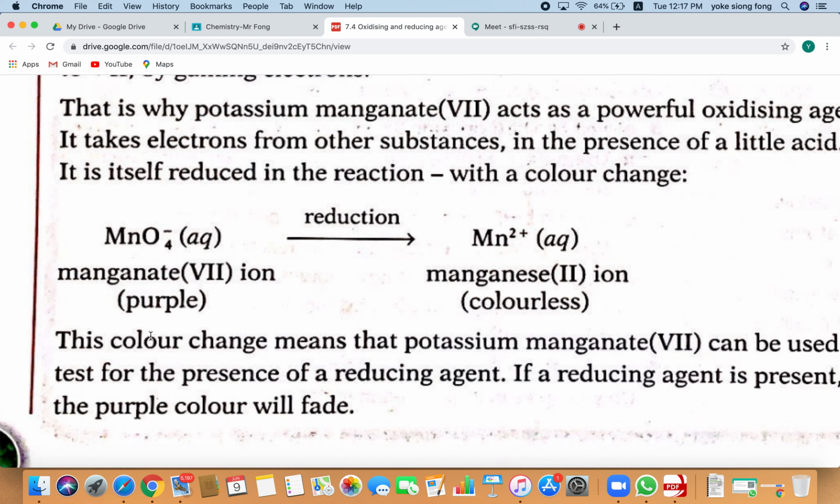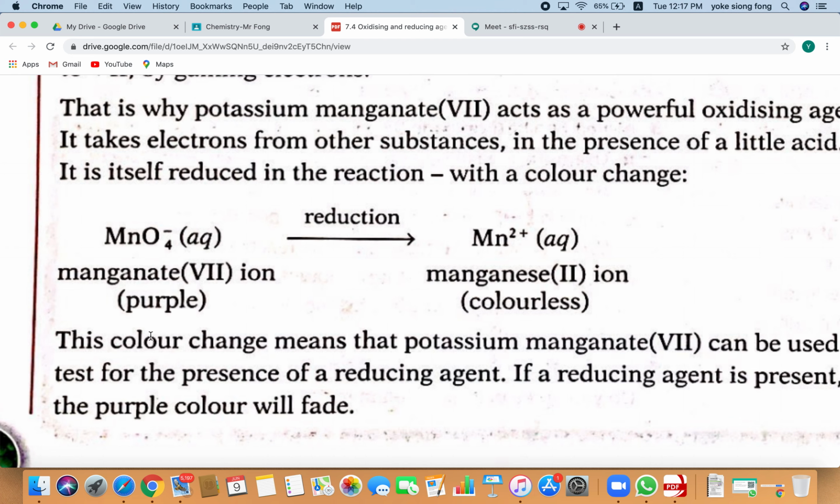Now you got 4 oxygen, so 4 times 2 becomes negative 8. This is from our previous syllabus lesson. So the oxygen alone, with 4, means negative 8.